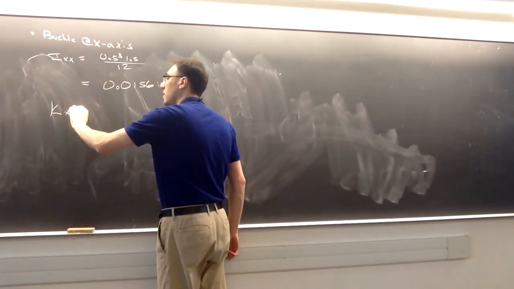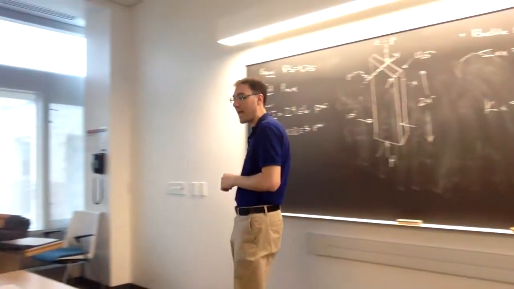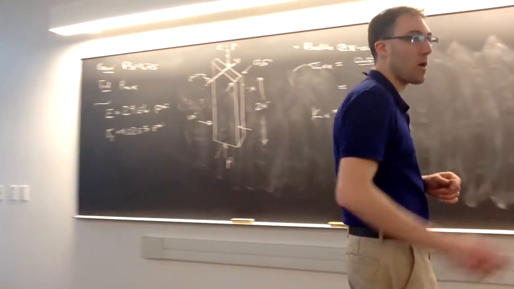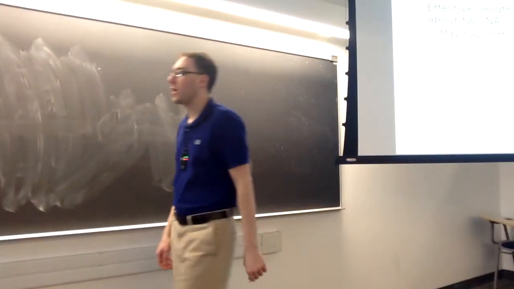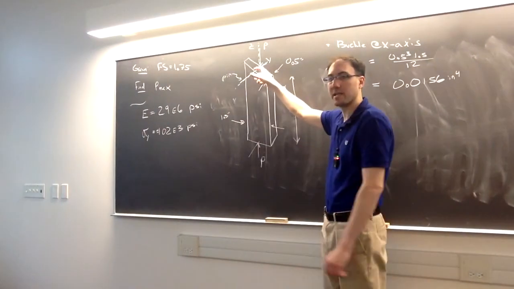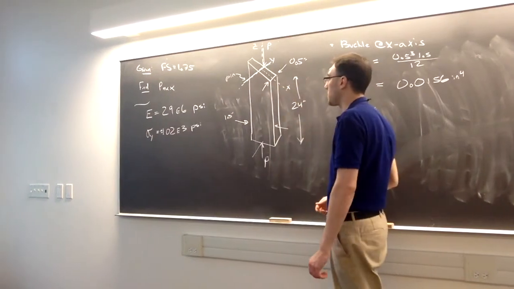I'll call the coefficient here for the effective length kx, since we're bending around the x-axis. Again, this depends on what the end conditions are with respect to bending about this axis. So if we're trying to bend around x, with respect to the top and the bottom, it's fixed. It does not allow free rotation around that x-axis as it starts to bend.